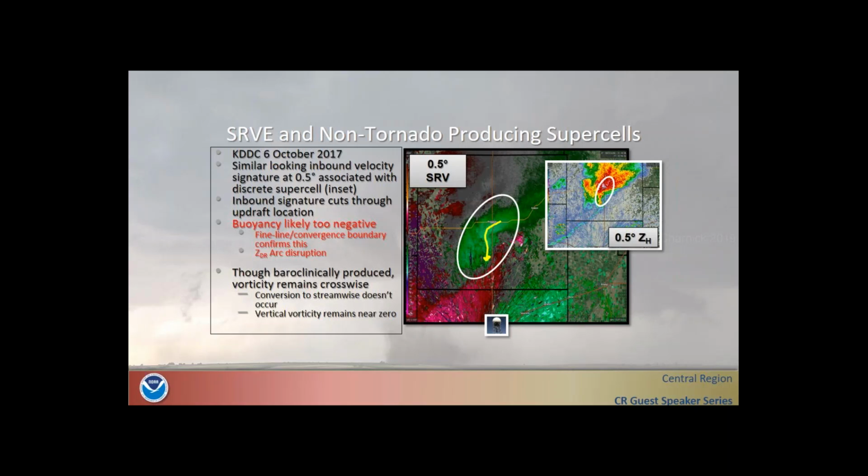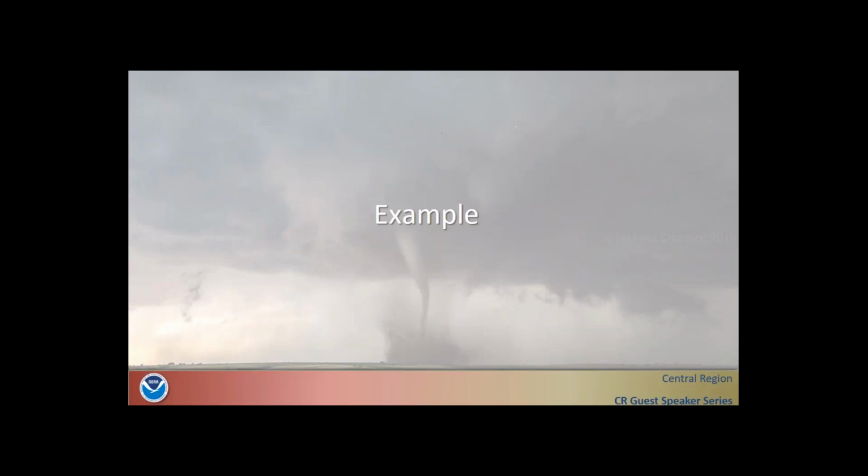On the flip side, you may have a more modest looking low-level mesocyclone where this turning occurs, and that's enough, through tilting and stretching of what's now streamwise vorticity, to induce genesis. So this is where we shouldn't get too caught up in rotational values in an absolute sense when it comes to predicting or anticipating tornadogenesis.